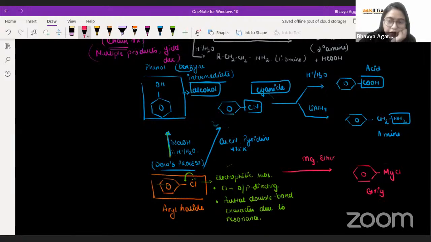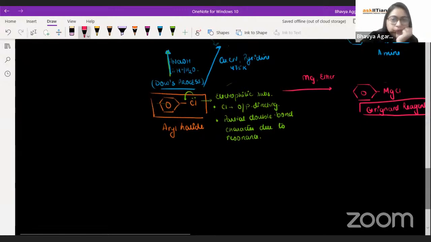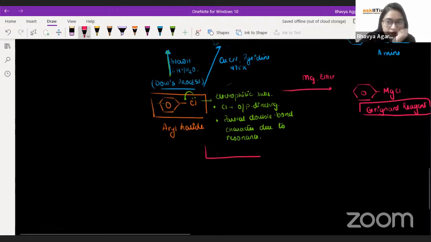You know, this Grignard reagent is finally a very wonderful reagent. It can give me a lot of different kinds of species. Then we talk about the next thing.